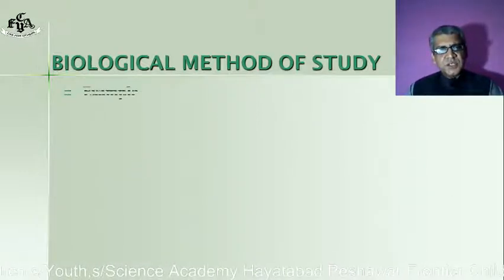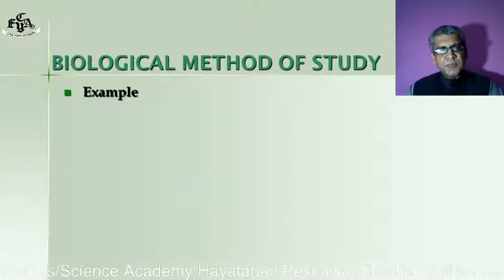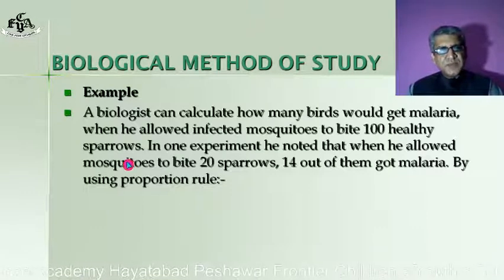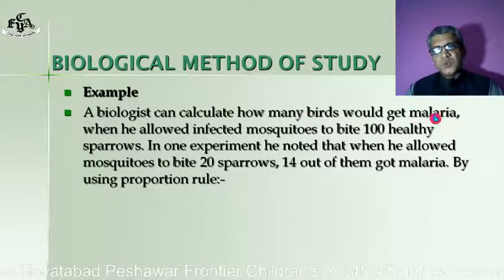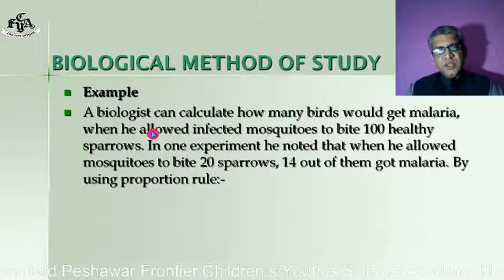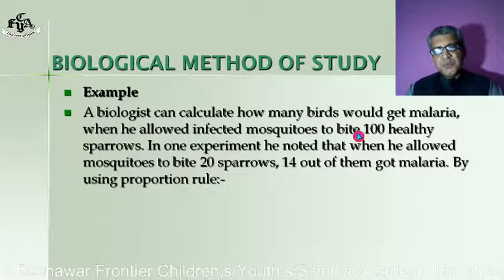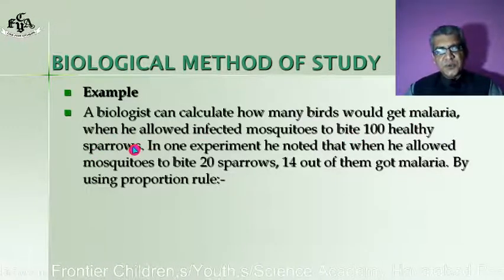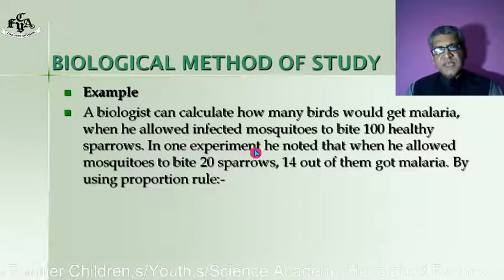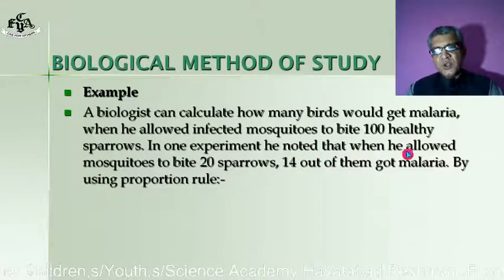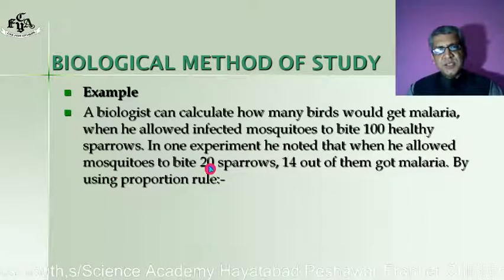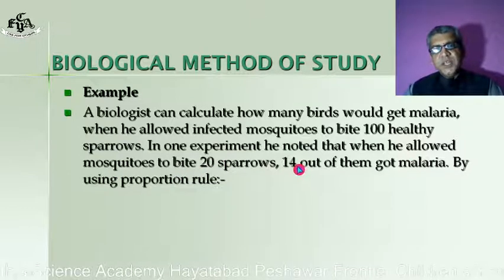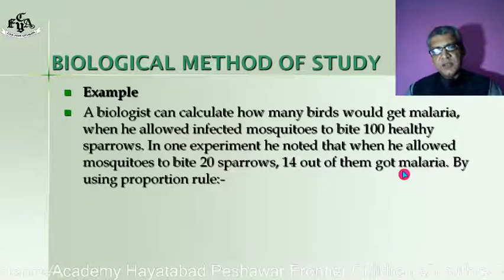Now let's solve a question with the help of proportion. A biologist wants to calculate how many birds would get malaria when he allows infected mosquitoes to bite 100 healthy sparrows. In one of the experiments, he noted that when he allowed mosquitoes to bite 20 sparrows, 14 out of them got malaria.